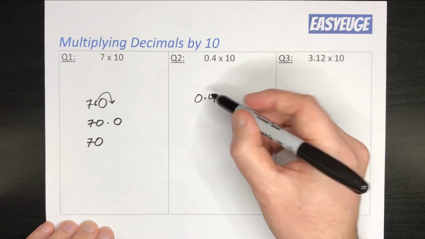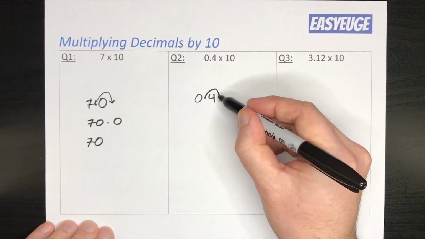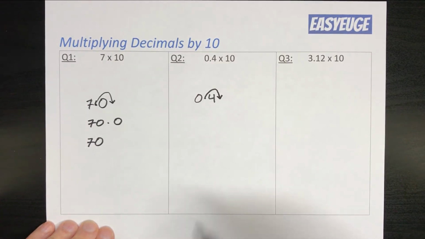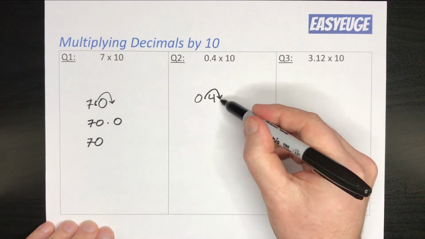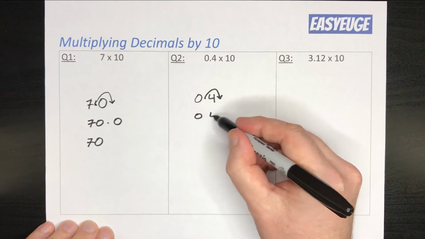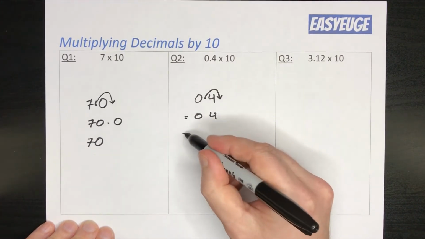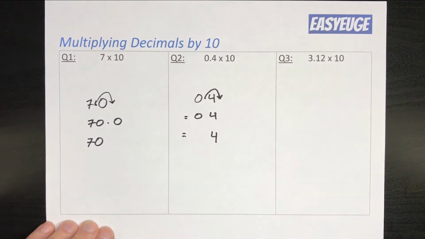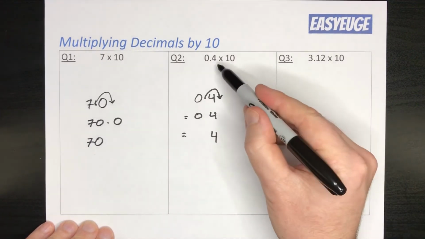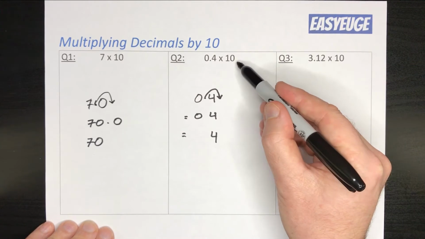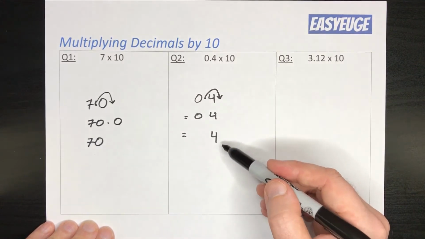Let's take that decimal point and move it to here. So the decimal point is after the 4. So this becomes 4. So the answer to 0.4 multiplied by 10 is 4.